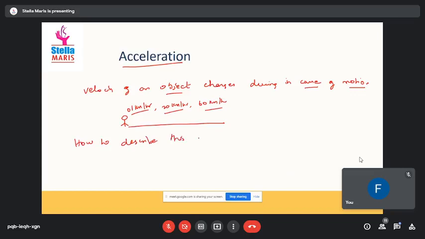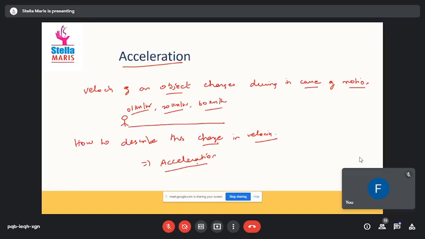That gave rise to the concept of acceleration. A body's velocity tends to change with respect to time. So how to describe this change that happens in velocity or speed? That gives rise to the concept of acceleration.